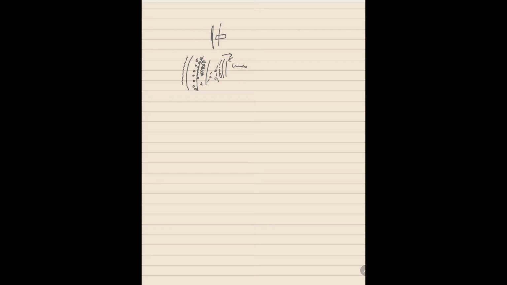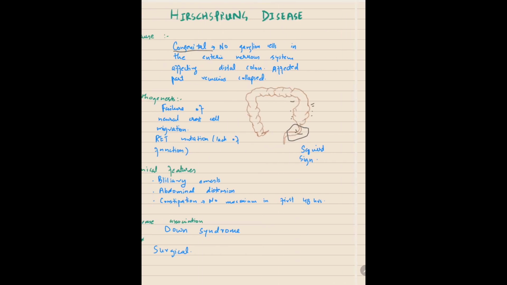Now you can imagine that if the ganglion cells in the Meissner and the myenteric plexus are absent, then the fluids will not be regulated and the motility will not be regulated, and that will result in a collapse of the affected part of the intestine, which is mostly the distal part in Hirschsprung disease. That is the mechanism of how it all happens.